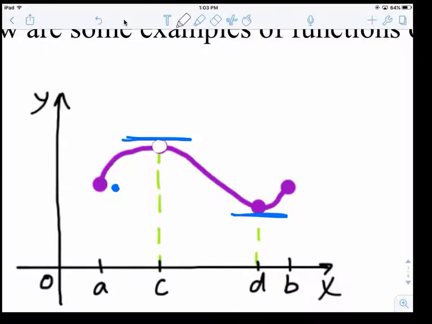What it says is that I'm not guaranteed to have a max or a min. I still might, but we would have to do a little bit more work to figure it out. But if this is continuous, then you definitely have a max and you definitely have a min somewhere.